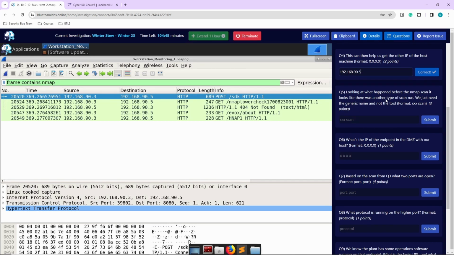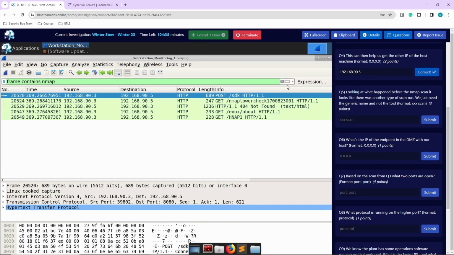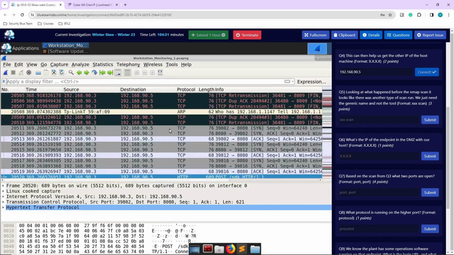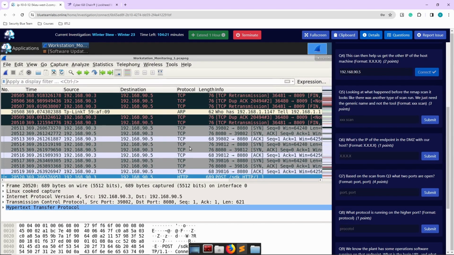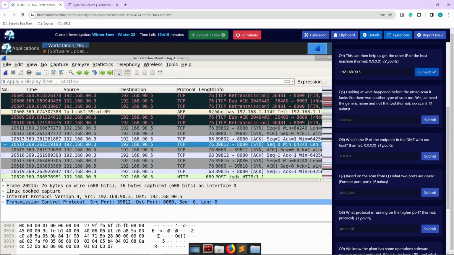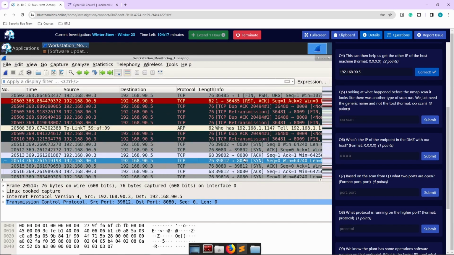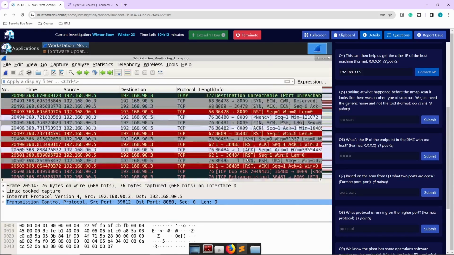Looking at what happened before the nmap scan, it looks like there was another type of scan run. We just need the generic name and not the tool. So something scan with 3, and we're at packet 2520. So we know that this is roughly the start of the nmap scan, if not the start. And what we're looking for here, there's a TCP scan.